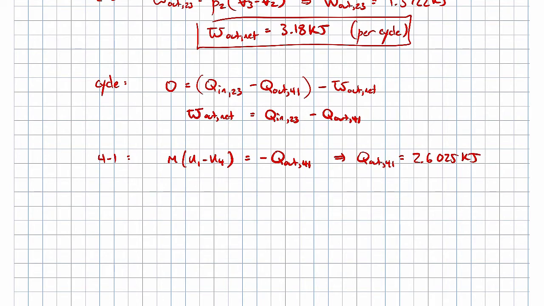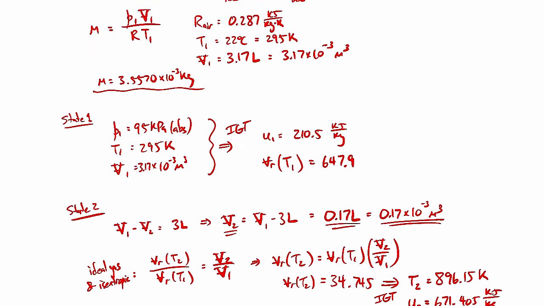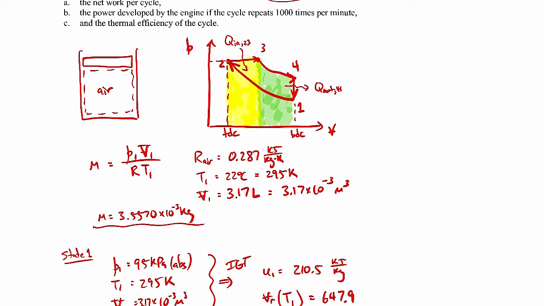Now let's find Q in 2 to 3. That one's a little more complicated. When we apply the first law to that, on the left-hand side, we'll have mass times U3 minus U2. On the right-hand side, we'll have Q in from 2 to 3. And there is work being done, right? So if you look up here from 2 to 3, there is certainly P dV work. That's the yellow area there.